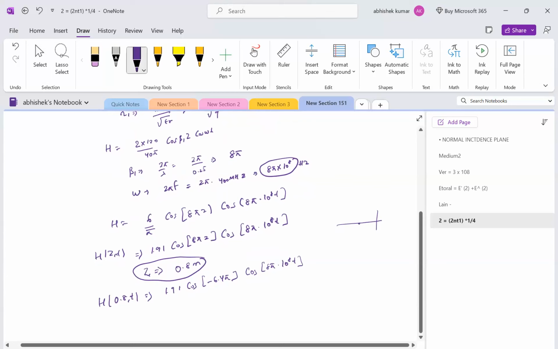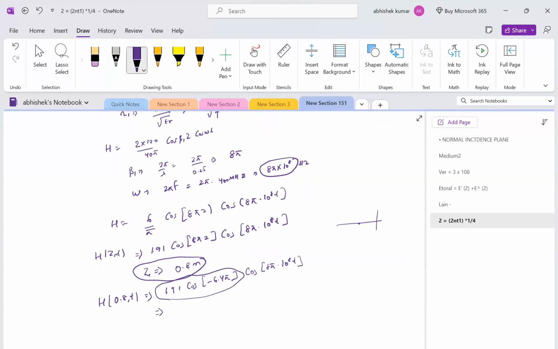If you calculate it, you will get some value for cos of minus 6.4 pi. I don't have the calculator, so you have to calculate it to get these values.